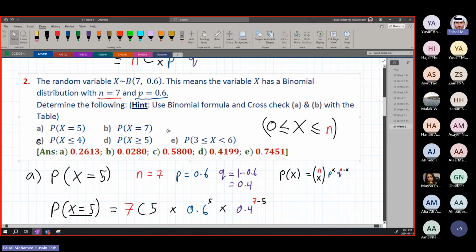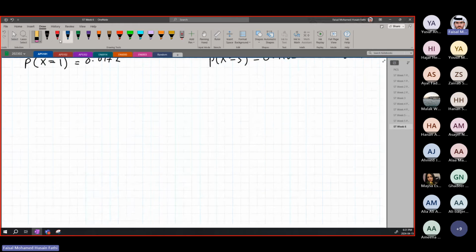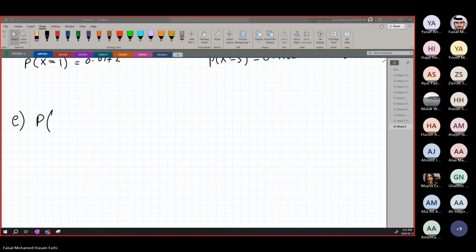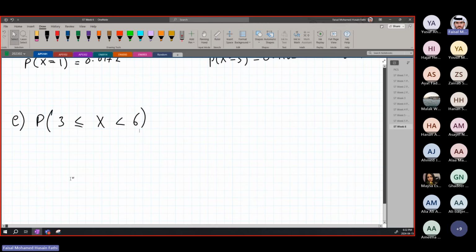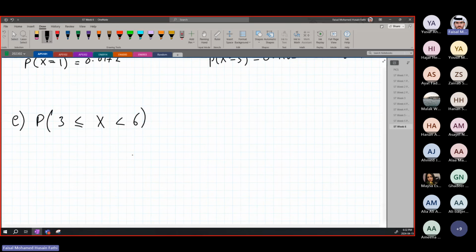So let us do part E. P of 3 less than or equal to x less than 6. What does this mean?